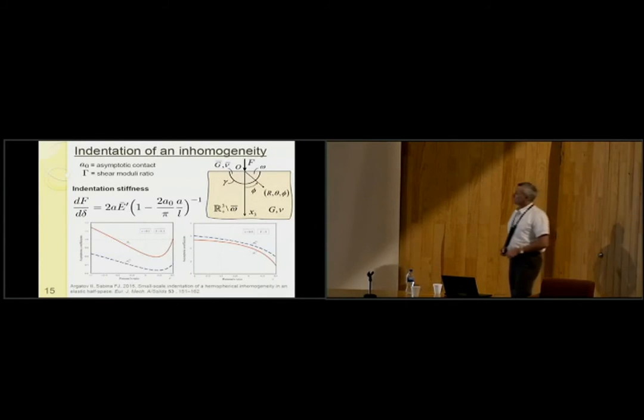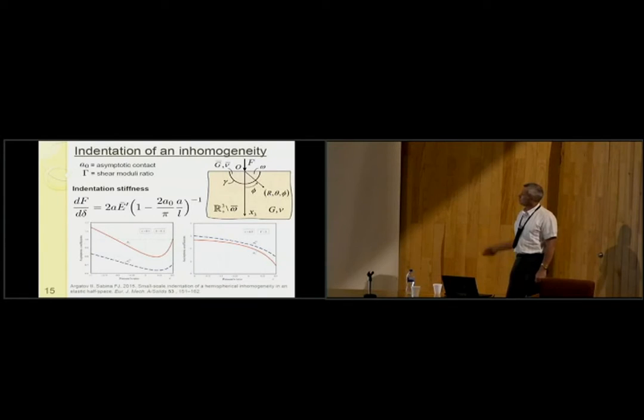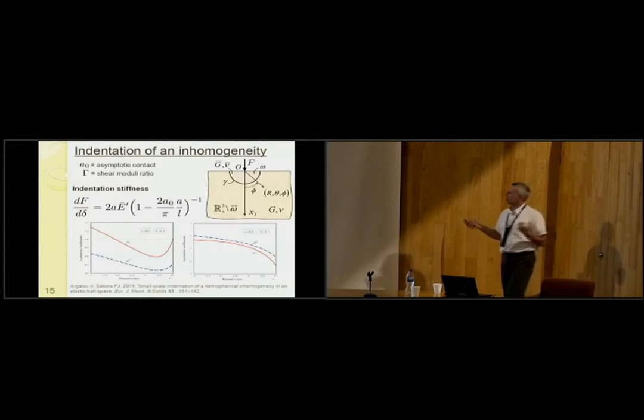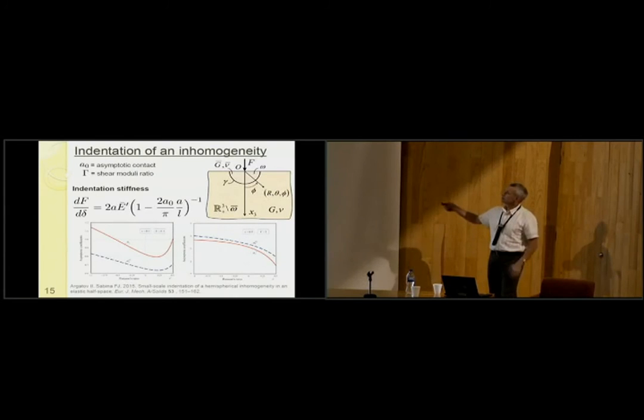And to cut the long story short, these two pictures show the behavior of asymptotic constants, A0. This asymptotic constant bears all information about geometry of the inclusion and interface conditions, boundary conditions at the interface between inclusion and matrix.